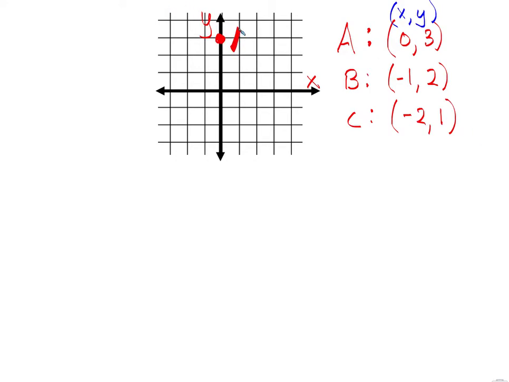So this is going to be A. All right, B, -1, 2, so I go -1 in the x direction, so I come over here, and then 2 in the y direction, 1, 2. So this is point B. And then -2, 1 is going to be -2 in x, and then I come up 1. So this is going to be point C.